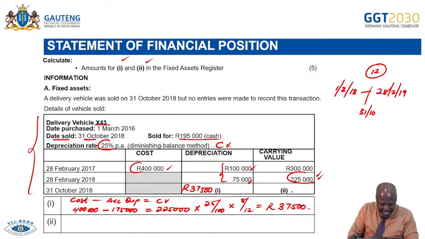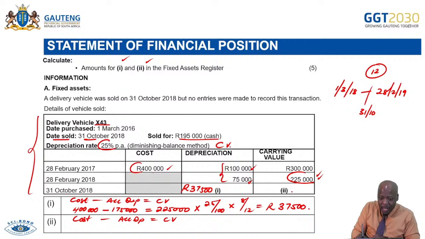There are several ways again in which we could have done this. First, I'm going to show you the long way to get that carrying value. I will say my cost minus accumulated depreciation is equal to carrying value. This is the first method.